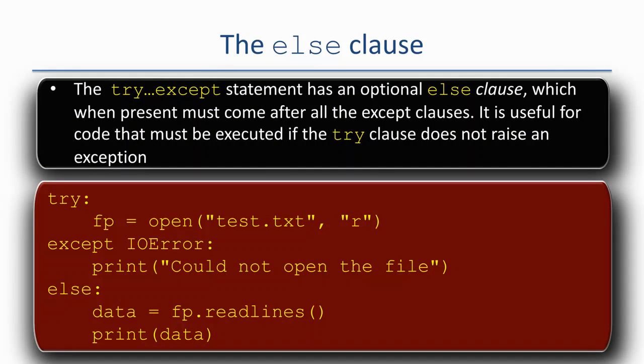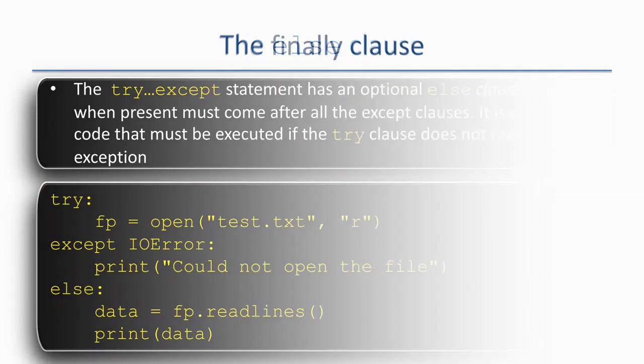If the file does not exist, or if there is an error when the file is being opened, then you get an IO error exception. And in that case, you will print that you could not open the file. Else, you read from the file and print the data. Notice that the else clause will only be executed if no exception occurs.